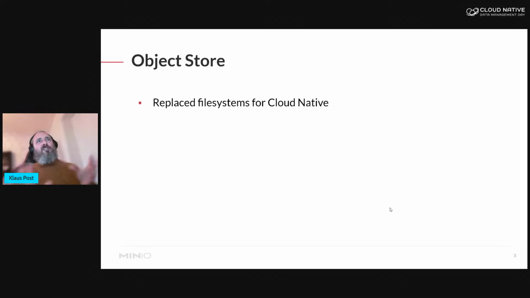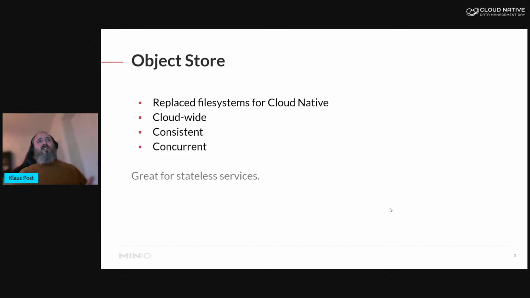In large terms, it has mostly replaced file systems for cloud native, cloud wide, consistent concurrent storage. It's really been a great innovation in terms of having storage available for stateless services that you're running either in the cloud, in the public cloud, in the private cloud, or in a hybrid cloud.